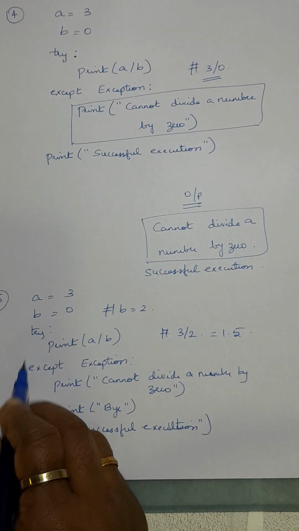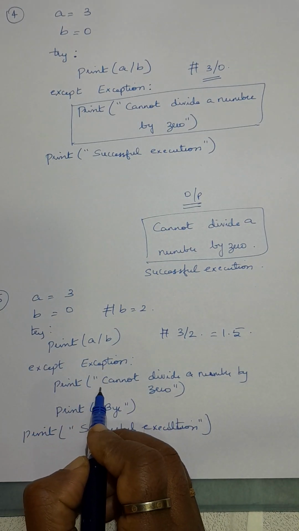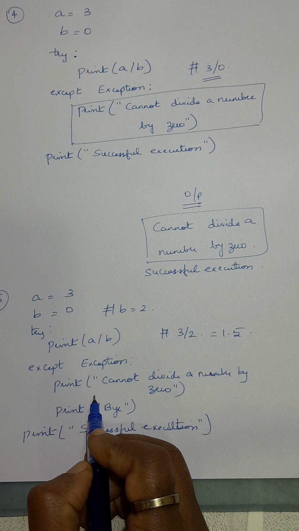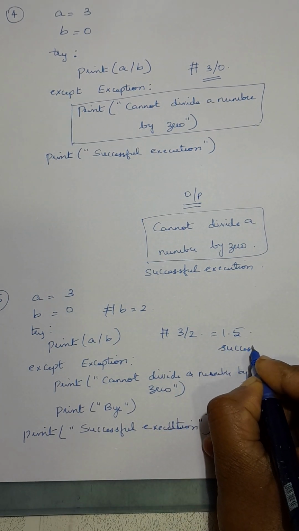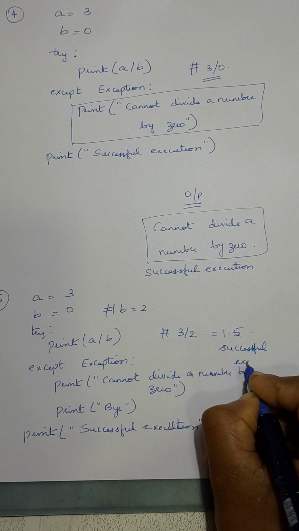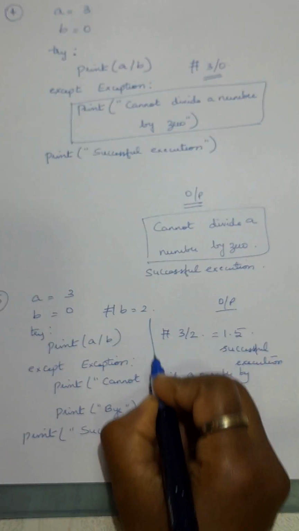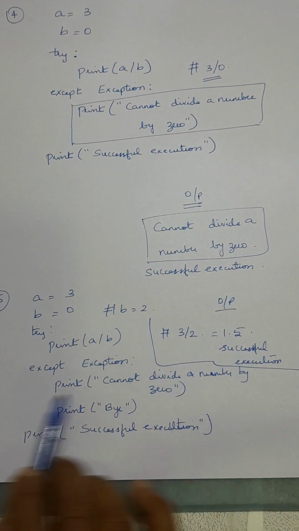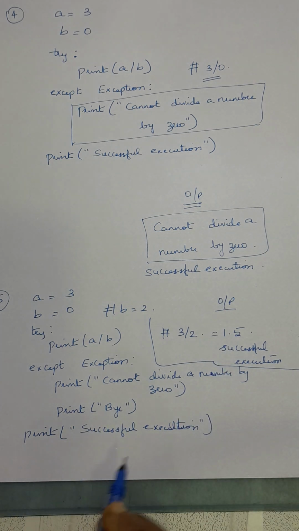It will not enter the except block because there is no error here. Only when there is an error will it enter the except block. Then I get the output successful execution. Clear? So it will not print cannot divide a number by 0, and bye, it will only print successful execution.